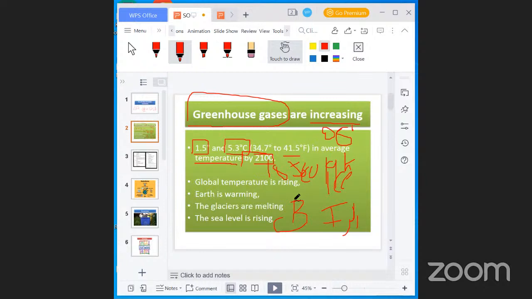So if no action is taken, what will happen? It would have harmful consequences to humanity and the biosphere also, right?